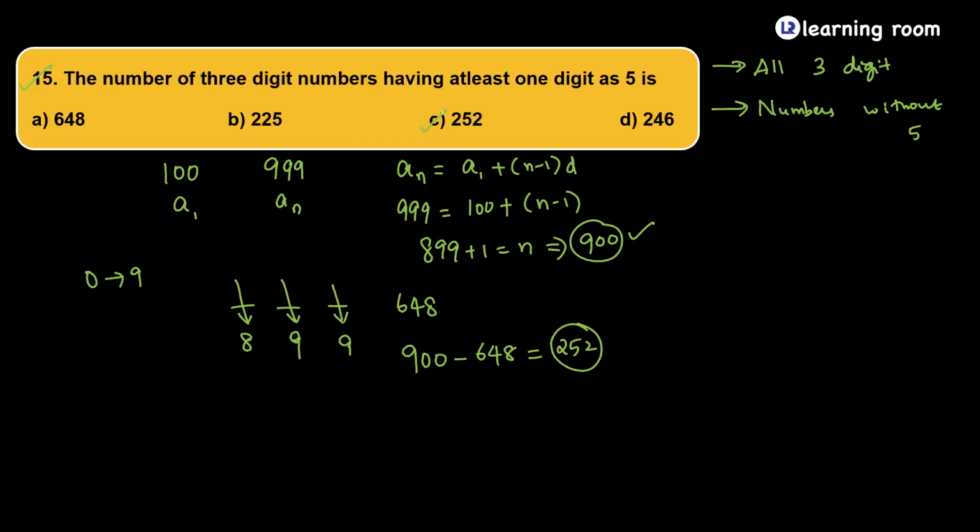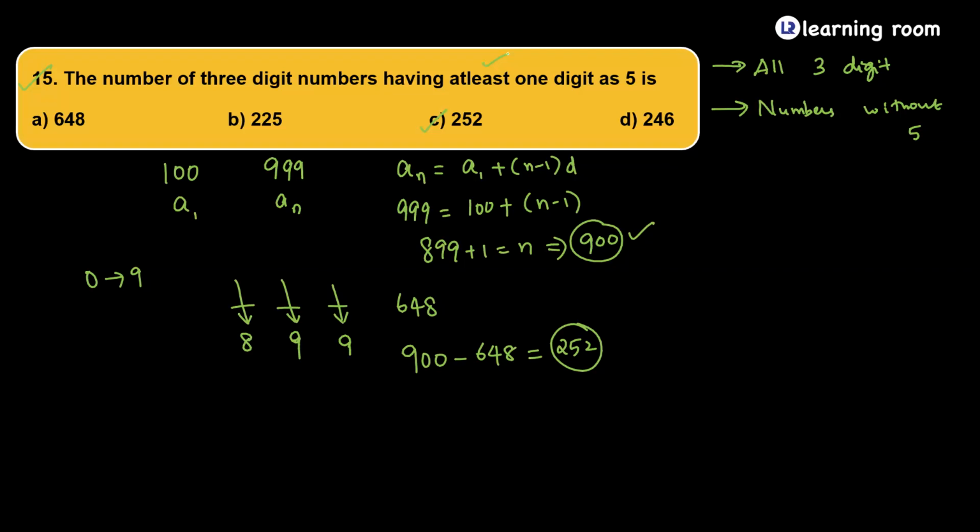Did you understand the logic? Because when they say at least 1 digit is 5, I told you it's a dangerous case. Why? You have to do this thrice.